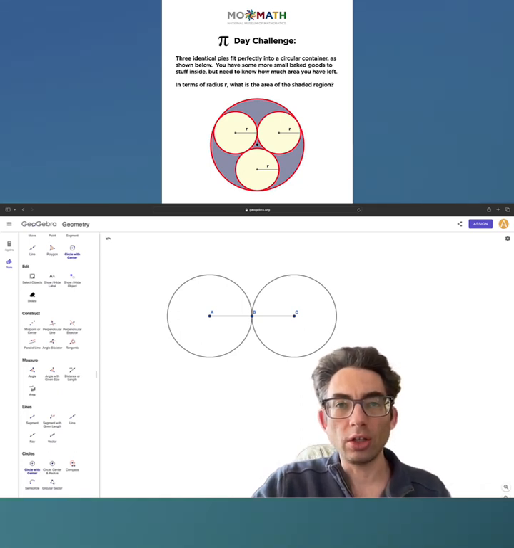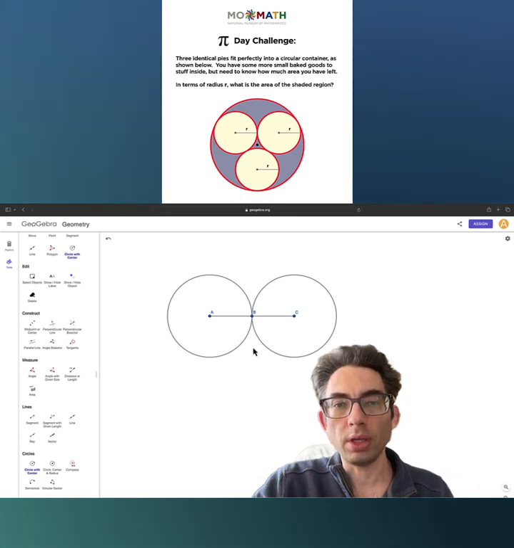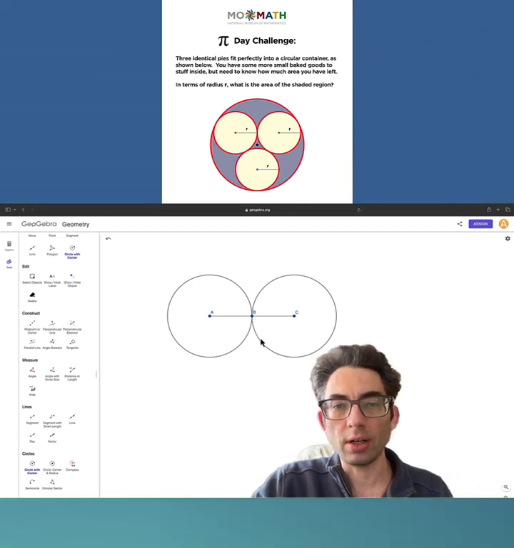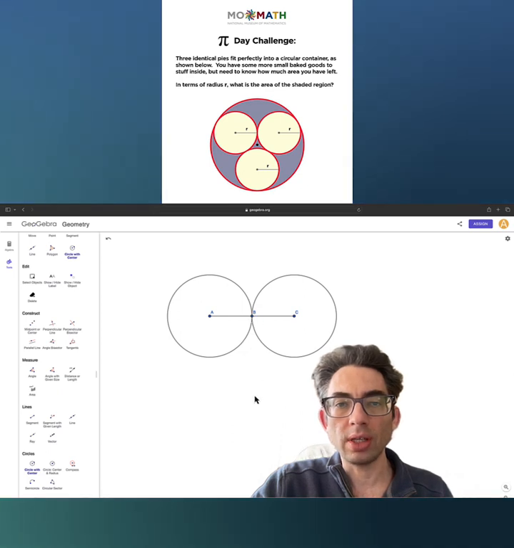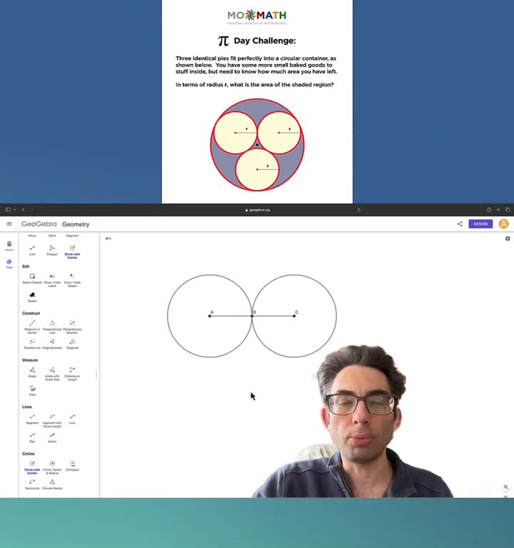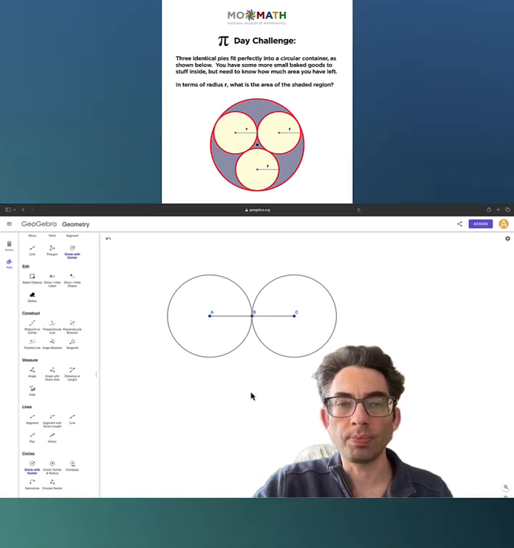Now we have to make the third unit circle, and this is where it gets a little tricky, because the third unit circle is some distance away from point B. There's some space over here, and we don't know exactly the distance from point B to the central point of the third small circle.